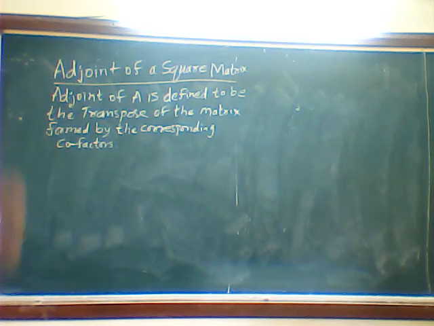Okay, adjoint of a square matrix. Adjoint of A is defined to be the transpose of the matrix formed by the corresponding cofactors. Okay, while doing the problem, I will tell you exactly what it is.